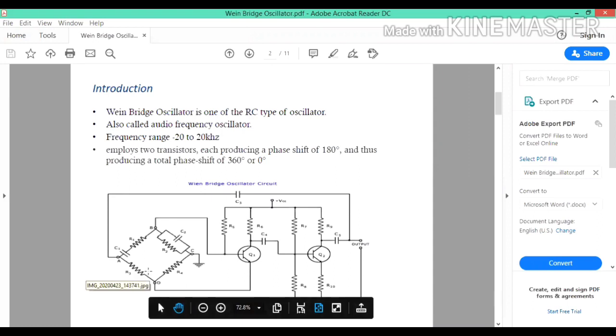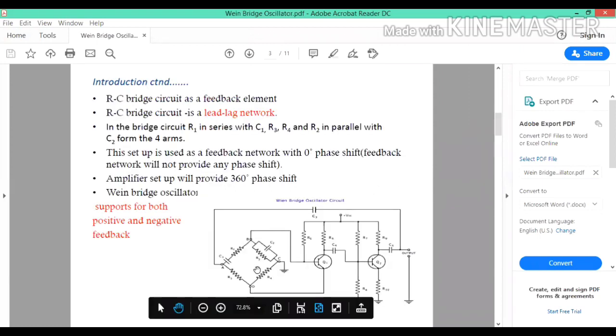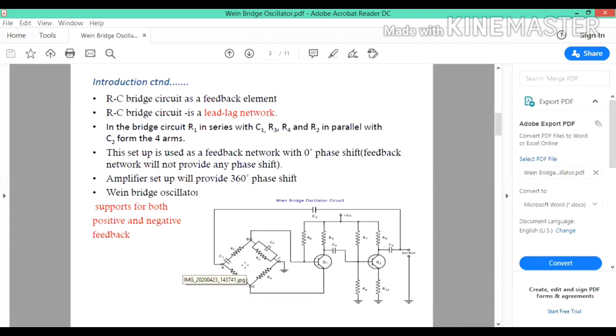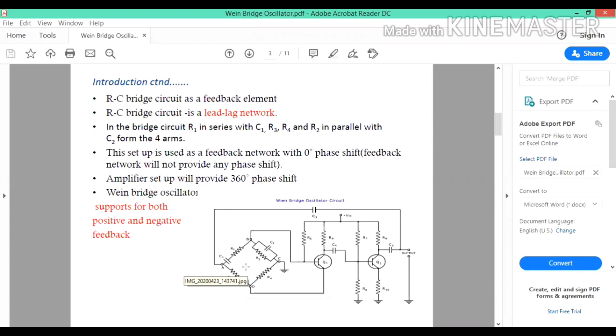The RC bridge circuit is also called a lead-lag network. As you can see in the bridge circuit, the resistance and capacitance are connected as R1 in series with C1, and R2 in parallel with C2.